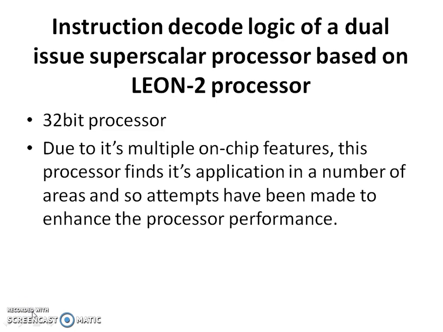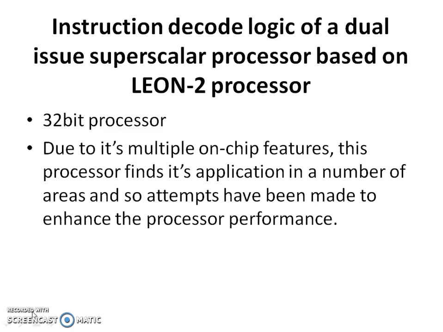Instruction decode logic of a dual-issue superscalar processor based on the Leon 2 processor. Leon 2 is a 32-bit processor with multiple on-chip features such as separate instruction and data caches, an interrupt controller, a hardware multiplier and divider, two 20-bit timers, 16-bit input-output ports, and so on.